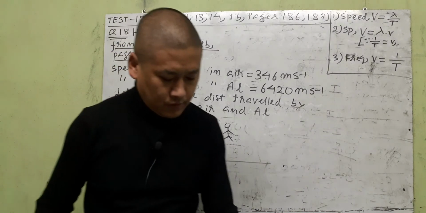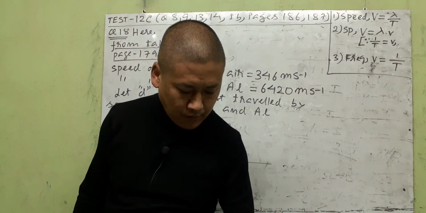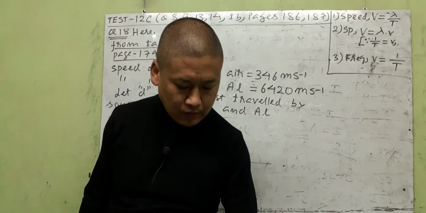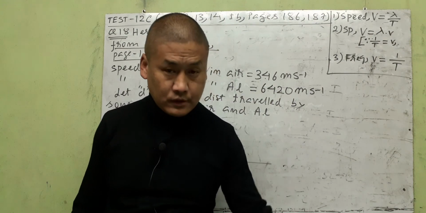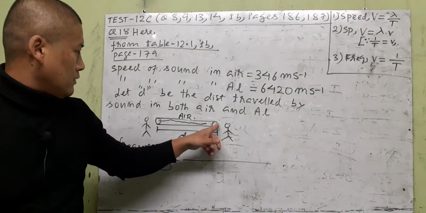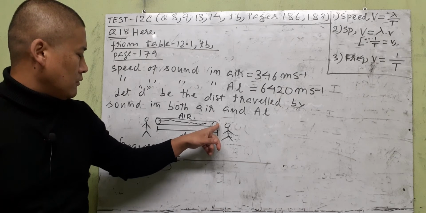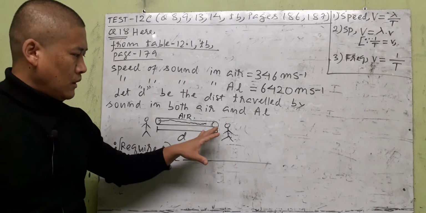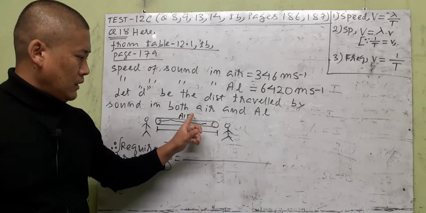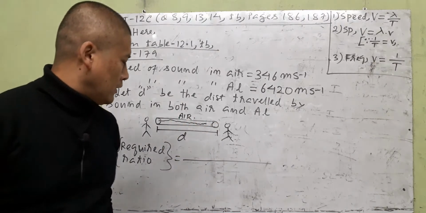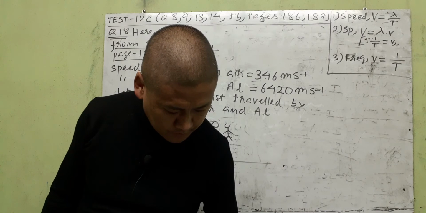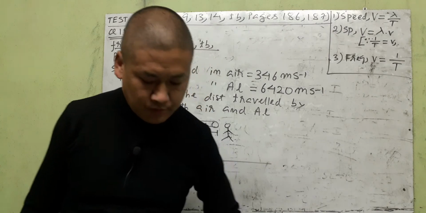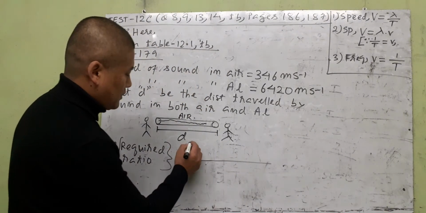Let me read the exact question. Find the ratio of the time taken by sound wave in air and in aluminium to reach the second child. So the time taken by the sound to reach from the first child to the second child. Ratio of the time taken in air and aluminium. First is air and then aluminium. So air is mentioned first, means it goes in the numerator.